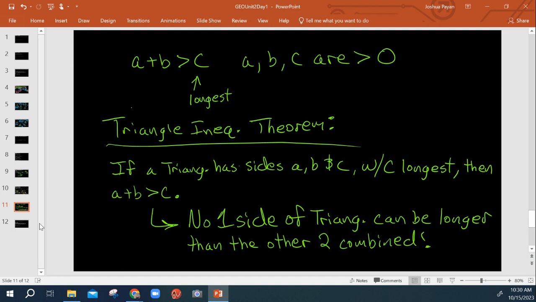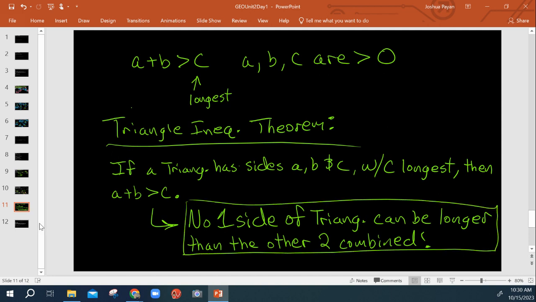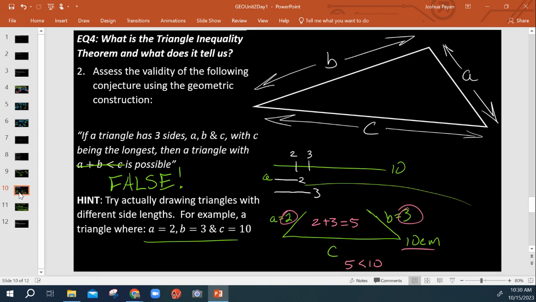So the triangle inequality theorem in the teenager-friendly sense is simply that no one side of a triangle can be longer than the other two combined, right? Otherwise, that triangle looks like this nonsense that we drew here.